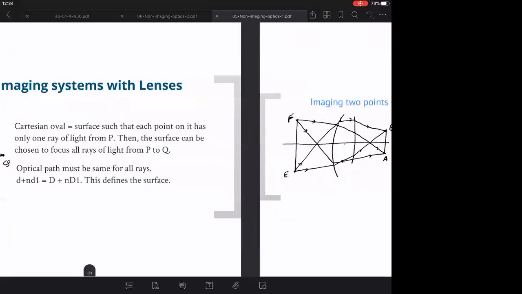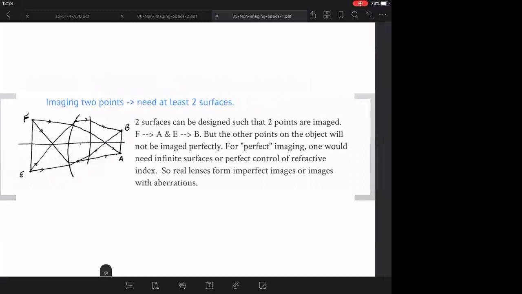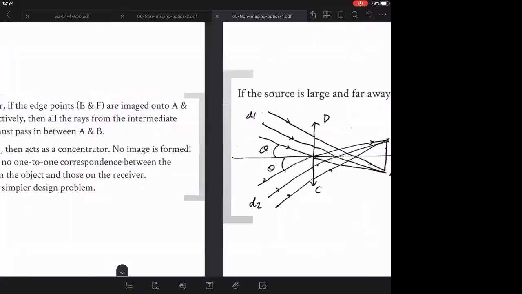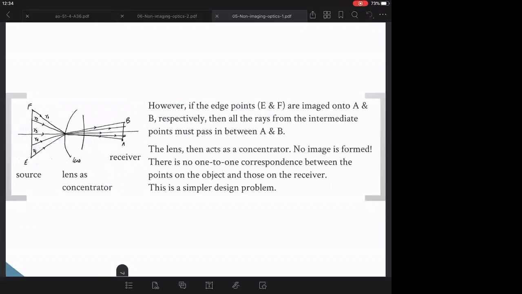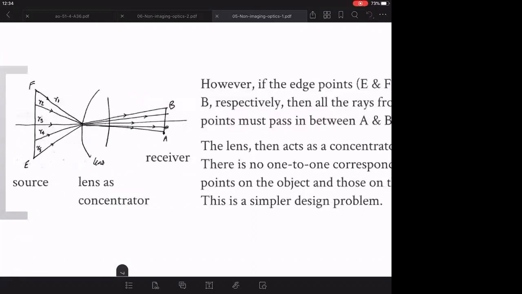Now, a non-imaging optic does something slightly different. You can think of this in many examples, but let's look at this particular example.